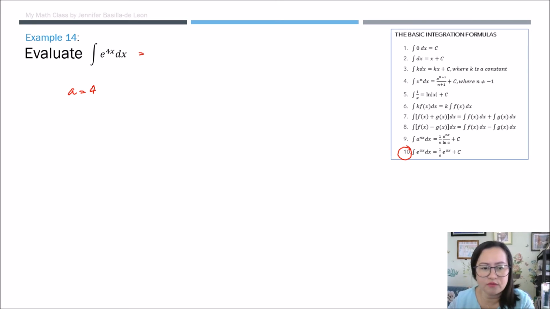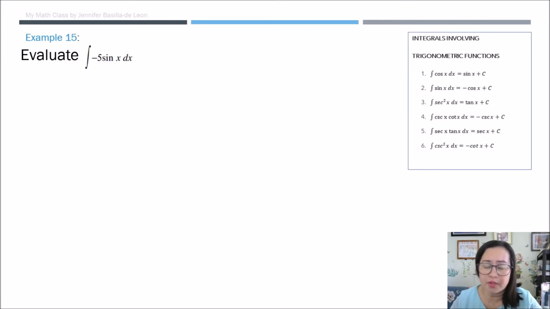So we shall have 1 over 4 e raised to 4x plus c. Now what about if we have the antiderivative of a trigonometric function? So at the right, you can see here the different formulas that we can use in evaluating the antiderivative of a trigonometric function.